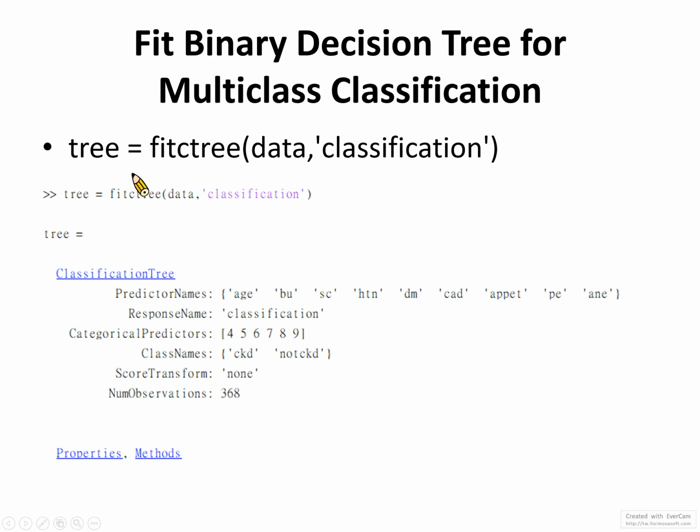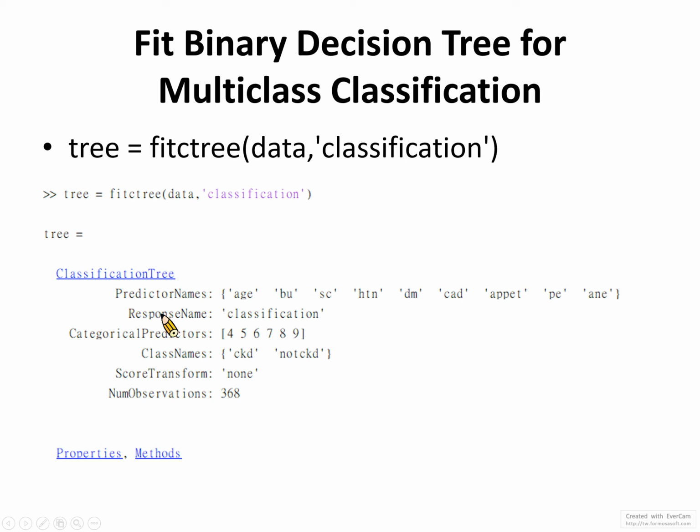When you execute this function, you should be able to see this result. This result just shows you the training and the characteristics of the model. In this model, we include predictors such as age, blood urea, etc. There are 9 variables here, and the response variable is the classifications.